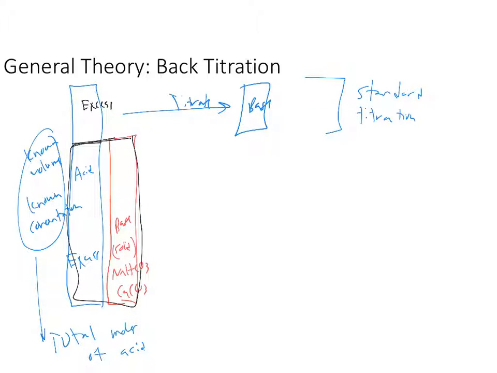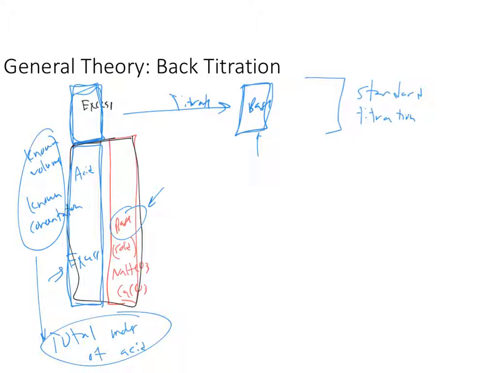So I know the moles of base that I titrated because I know the volume and I know the concentration, which means I can calculate the moles of excess acid. And if I can calculate these moles and I know the total moles, I can calculate the moles of acid that actually reacted with the base. If I know those moles of acid, I know the moles of base, and now I can learn about this base.